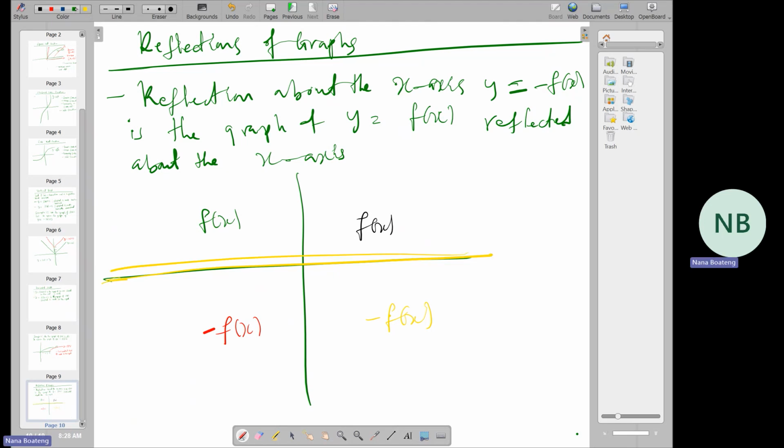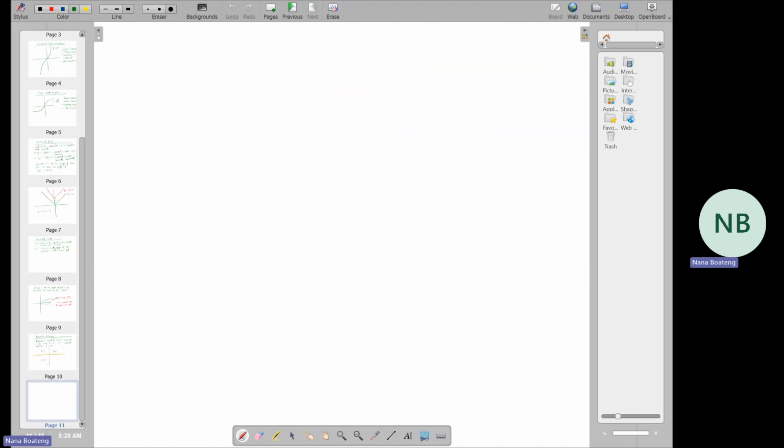All right, let's look at also the reflection across the y-axis. So reflection about the y-axis. Let's look at it on the next page.